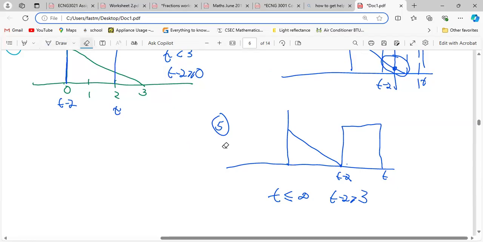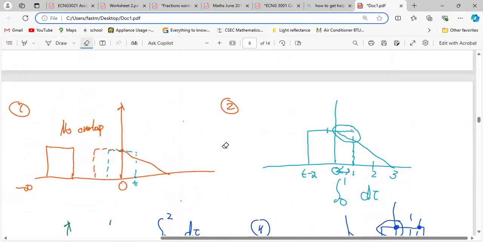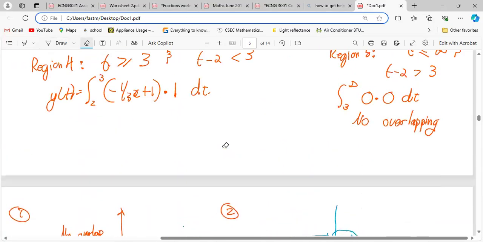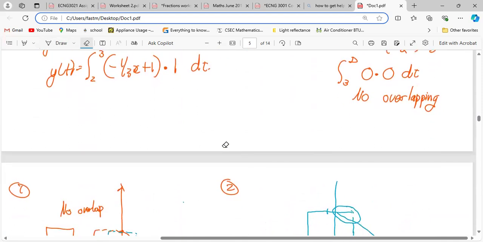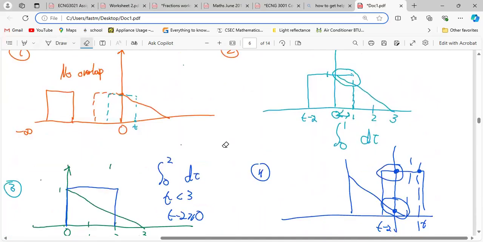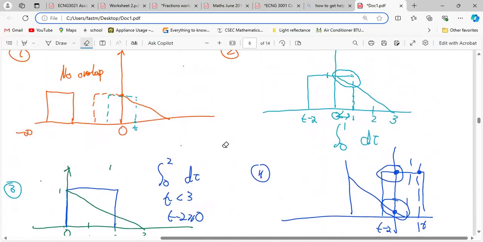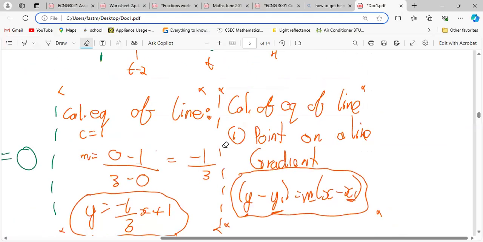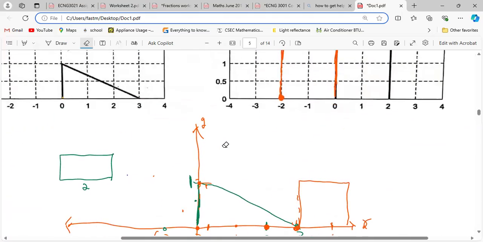Okay? And basically, how convolution works is just moving the shape across and checking all possible combinations of the overlaps. Remember, you just care about the region in which it overlaps. You don't really care about anything else. Yeah? So, any question then?